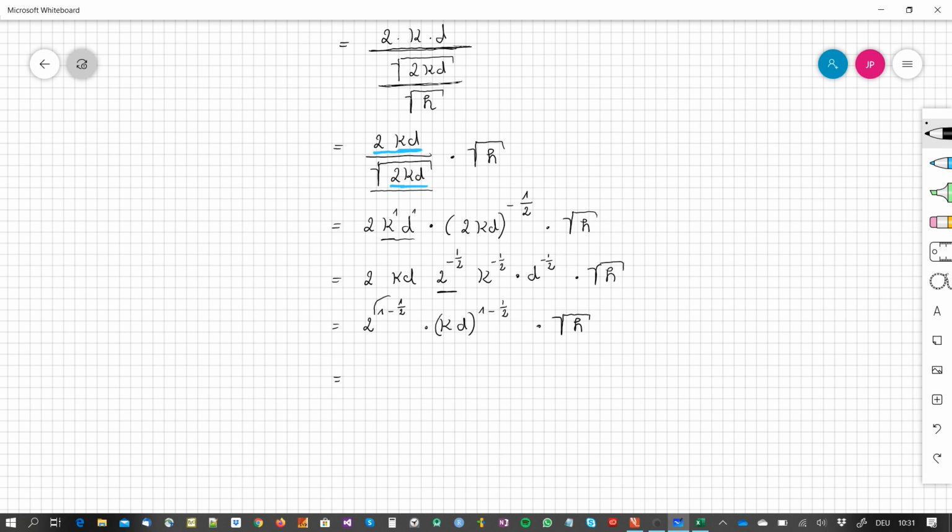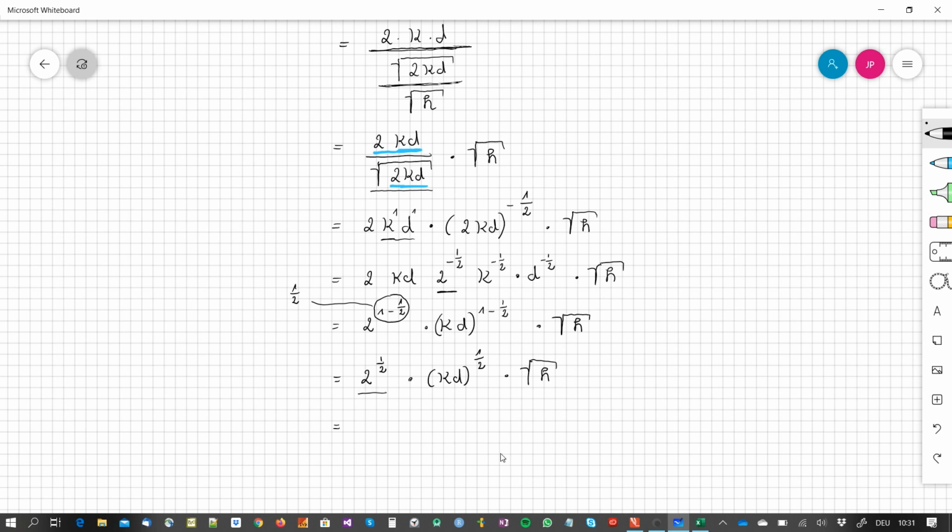So this here is minus a half. Sorry. That is a half, of course. So we have here 2 exponential a half multiplied by kd a half, and our square root h.